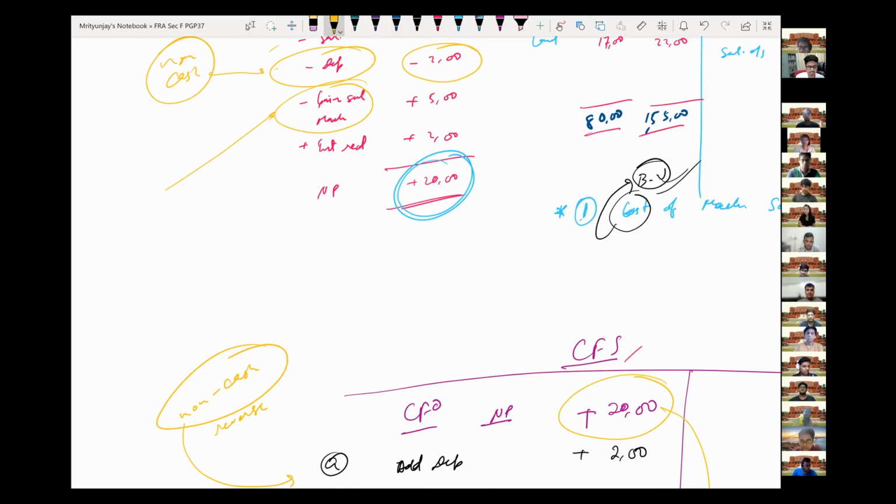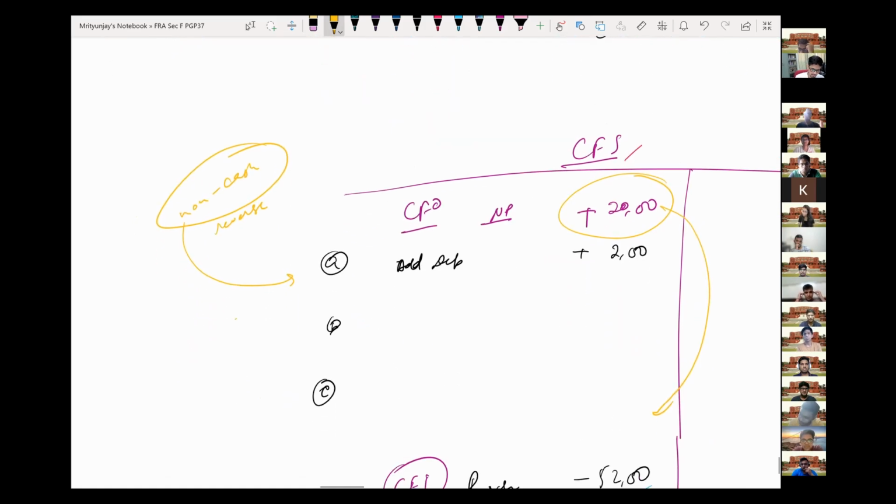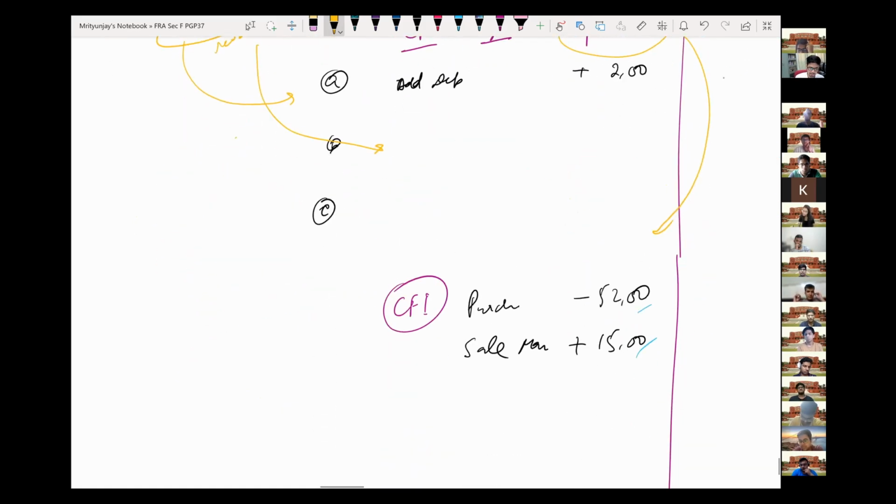Why? Because gain on sale of machinery leads to a change in long-term assets. And as per our definition, long-term asset changes are to be talked about in CFI and not CFO. That is why this one is an example of adjustments under heading B, that is, an example of a non-operating item. So we need to remove its impact here and bring it wherever it belongs.